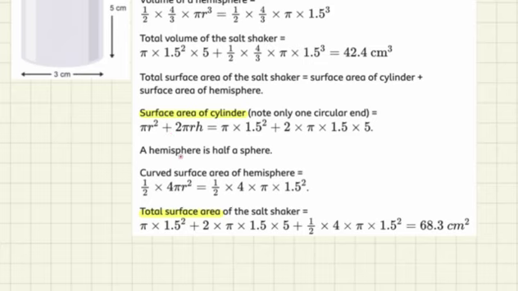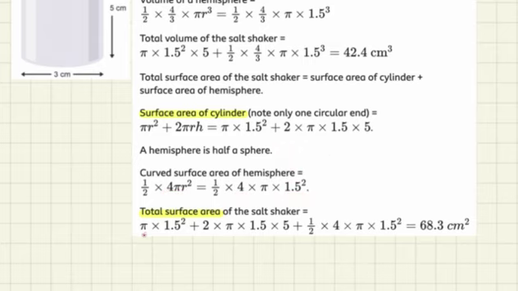What is the surface area of the hemisphere? The curved surface area of the hemisphere equals a half, because we're only looking at half the sphere, multiplied by 4 pi r squared. Then substitute all the numbers, and again use 3.14 for pi.